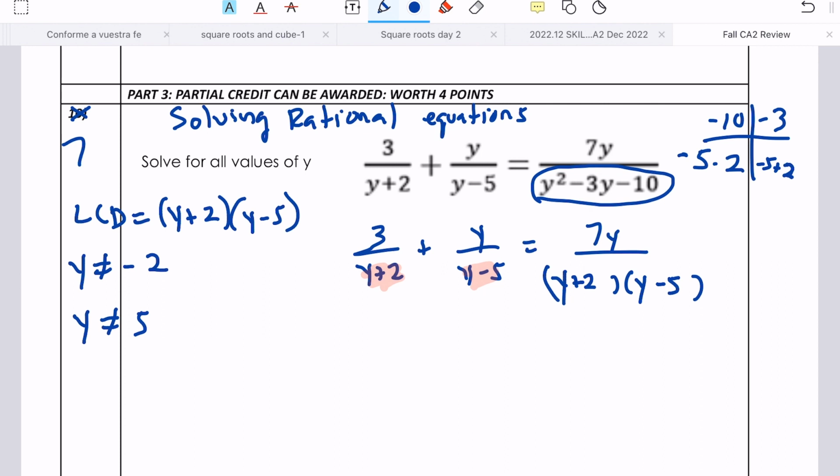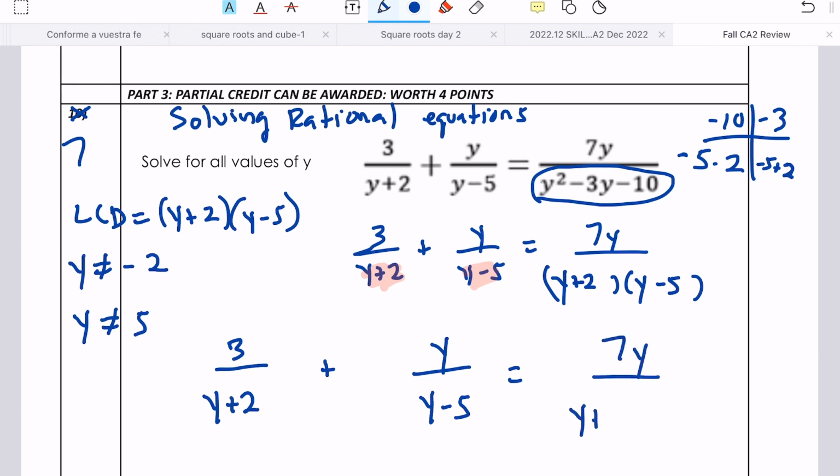Now, let's rewrite this. We're going to rewrite this, and it's 7y over y plus 2.